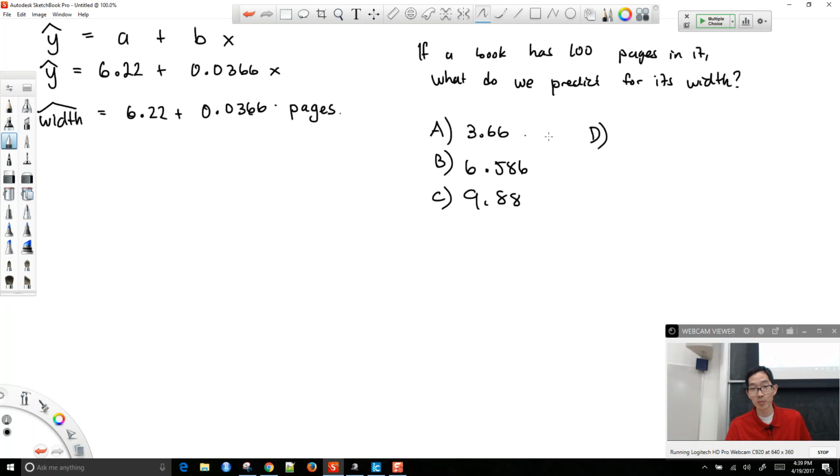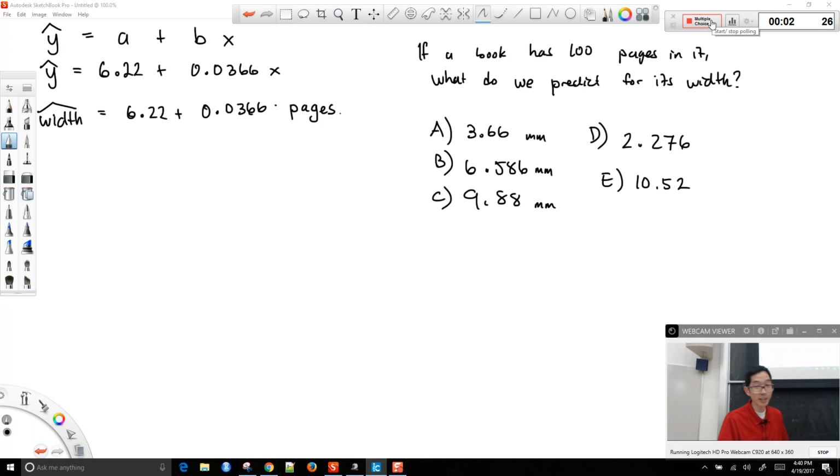So all of these are in millimeters. 2.276, and E will say 10.52. Go ahead and run this. Talk to your newly met neighbors if you need to decide what the answer is.